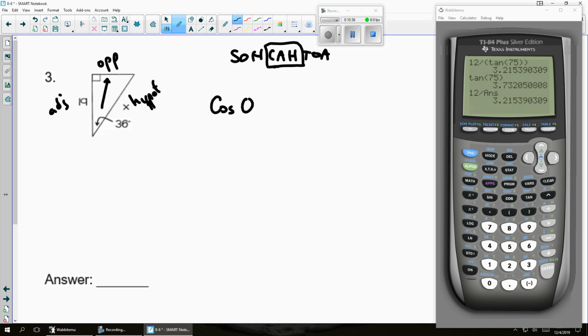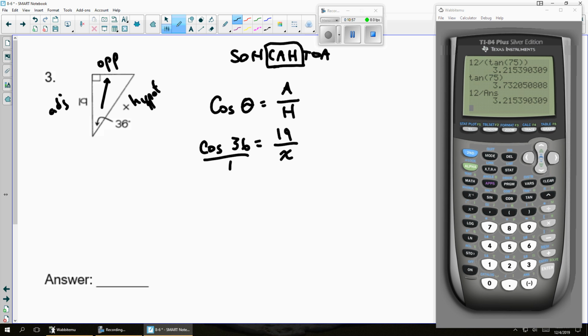So the cosine of theta equals the adjacent over the hypotenuse. Or plugging in the numbers, the cosine of 36 equals the adjacent, 19, over the hypotenuse, x.